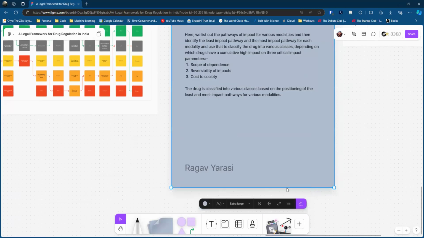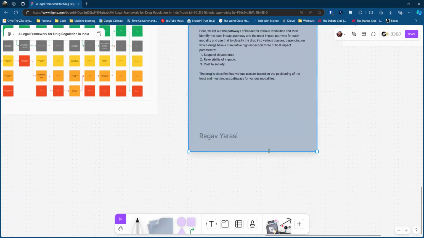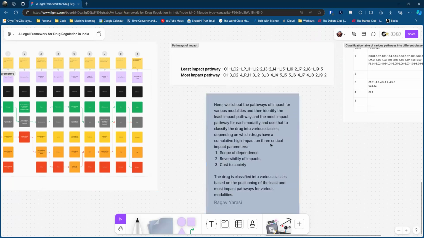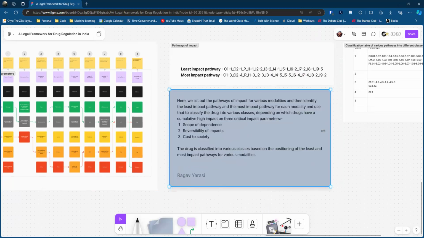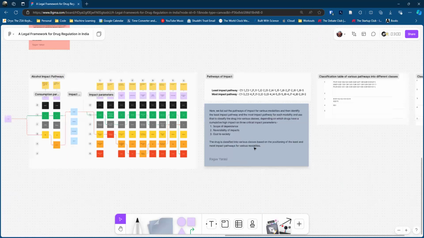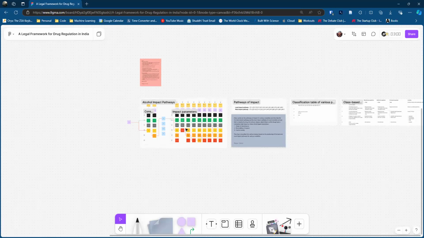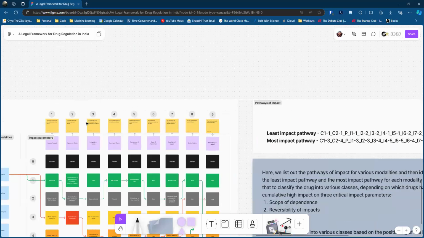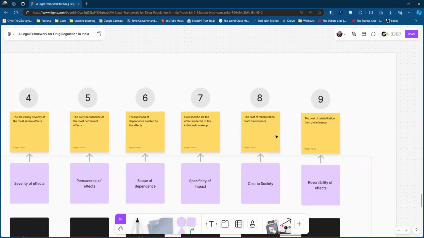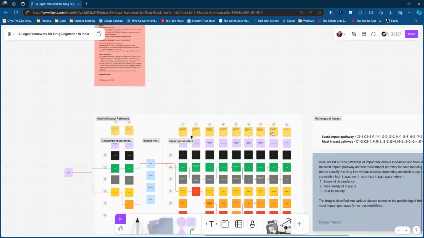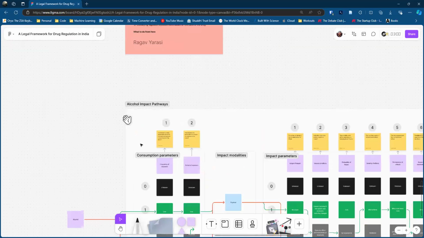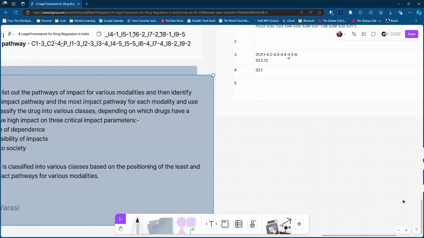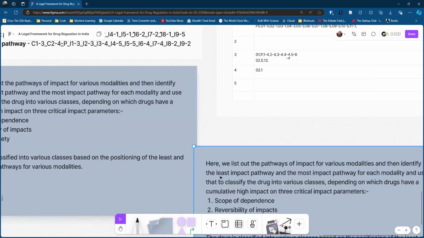Just keep it kind of vague here. I think this part is self-explanatory. We already have notes here for each dimension. This part is explained, and then pathways. These are examples of pathways, so we'll just add that as a note here.